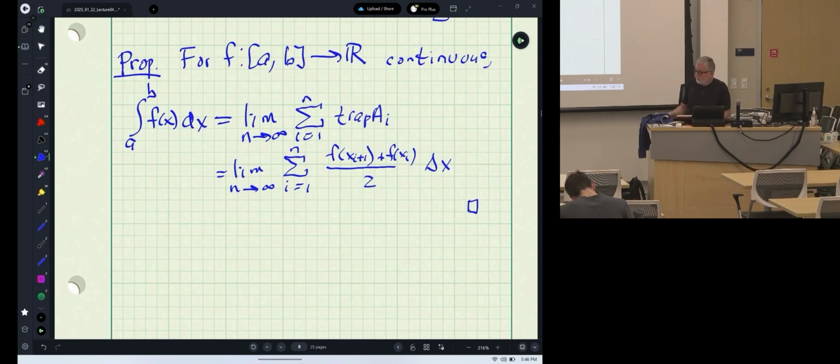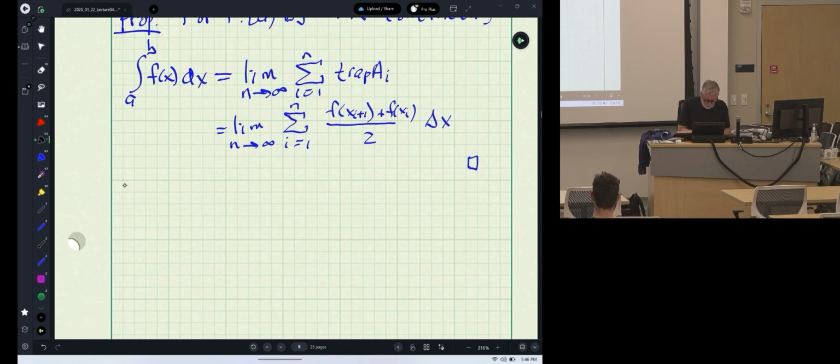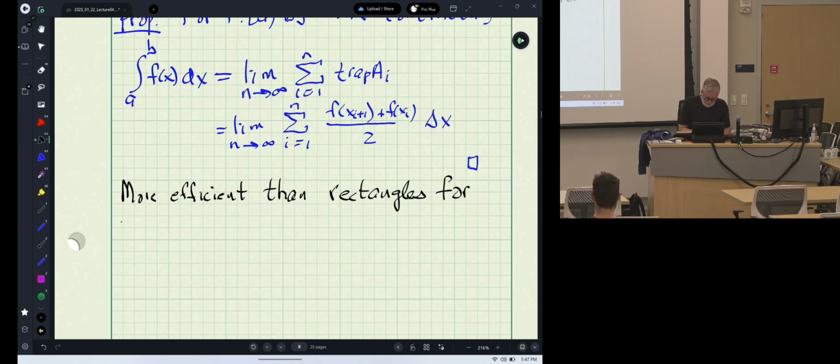Okay, so in general, this is more efficient. You can use fewer rectangles and get a better estimate for estimating area.